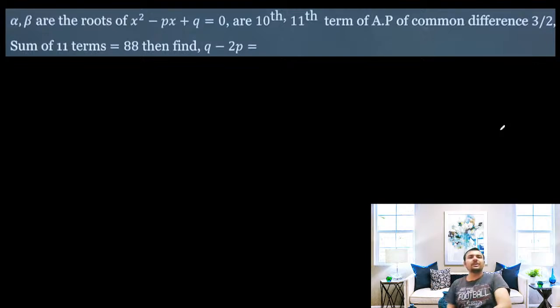Alpha, beta are the roots of x square minus px plus q. Okay, 10th term and 11th term. So alpha is 10th and beta is 11th term, with common difference 3 by 2.